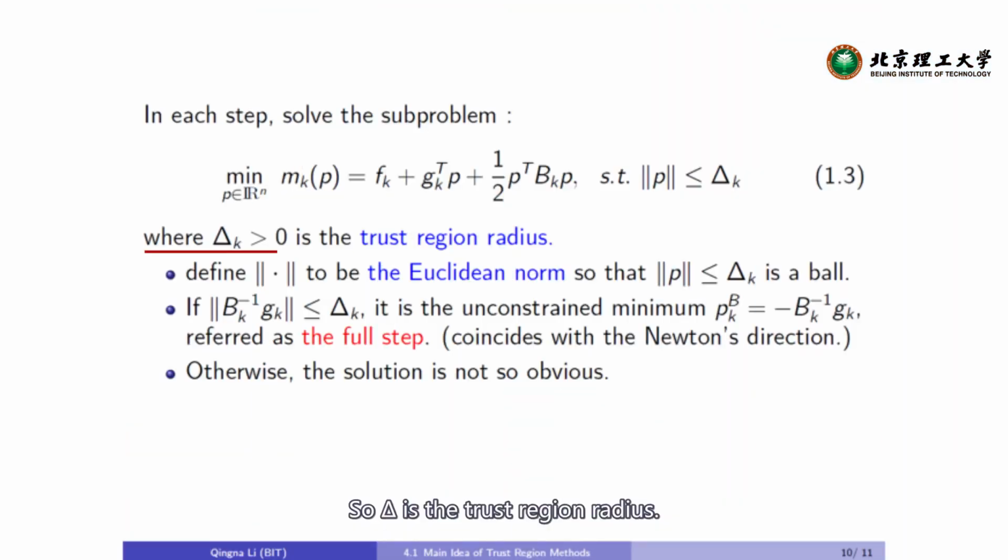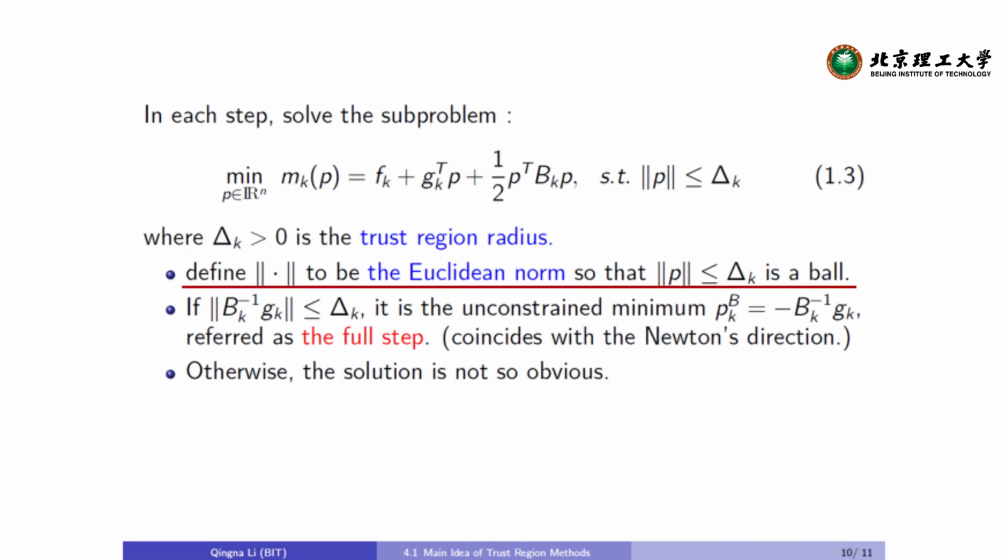Okay, so delta is the trust region radius. The length of p must not exceed the size of delta. Here, another notation is that we use the norm to measure the length of this vector. And the natural norm is the Euclidean norm, which is very often used. Of course, we can choose other norms. We will talk about this later.